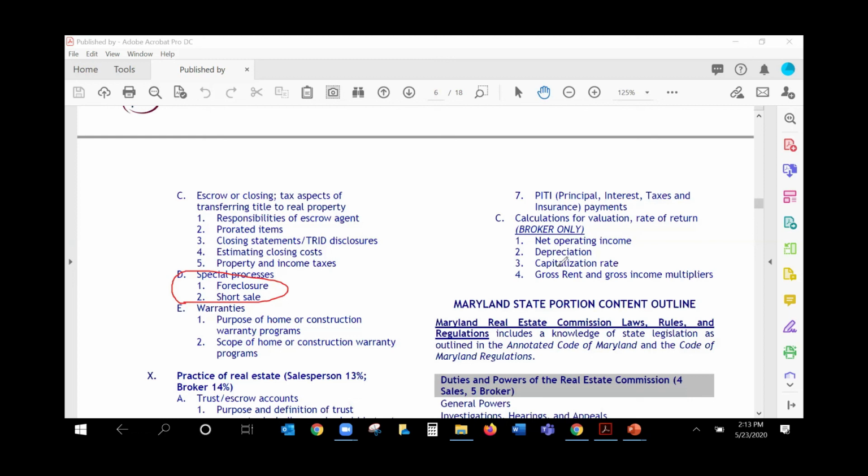That's foreclosure. Short sale is where I bought the house when the prices were high. So let's assume you bought the house in 2006 for $285,000. In 2006, the house was worth $285,000. Today, that house is only worth $200,000.